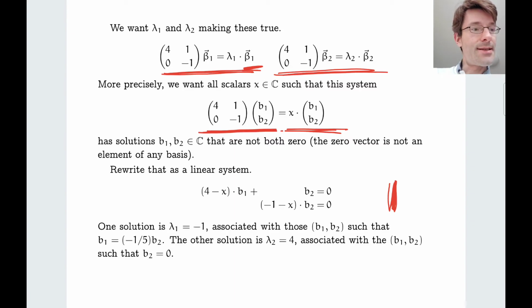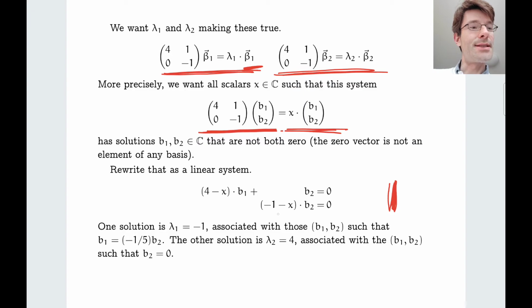So that's not a good solution for us. In fact, if we just choose a random x, then usually that system will only have one solution, namely the trivial one. So we have to sort of choose very specific x to generate more solutions.